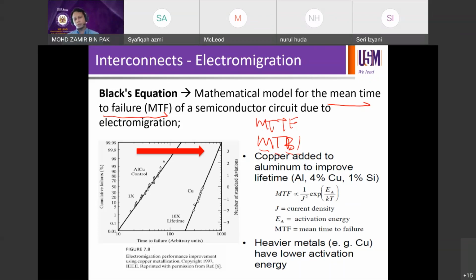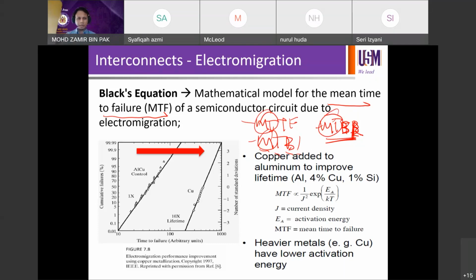MTBI, MTTF, and MTTR or MTBR, mean time between repair, for equipment repair. You can search for these later. If you join the equipment engineering team, these are some of the metrics you're going to focus on, doing the analysis and making sure things get better and better over time, right?